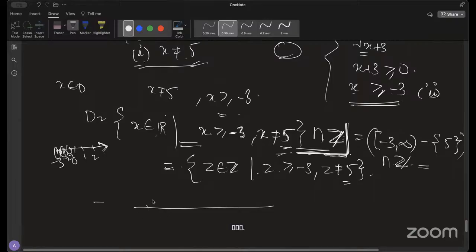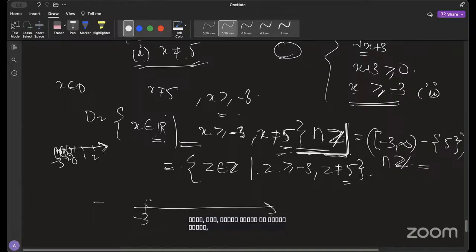Okay, so you have -3, and then this is x. These are real numbers. See, real numbers are everywhere, no? So real numbers greater than or equal to -3 means everything that's greater than -3, including -3, because there's an equal to sign here.